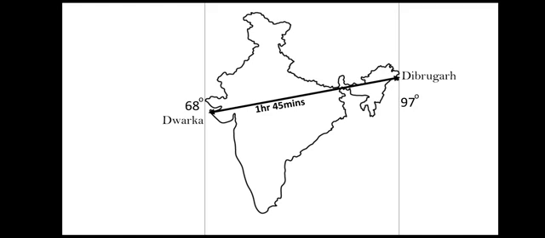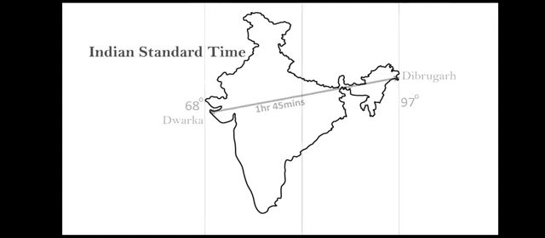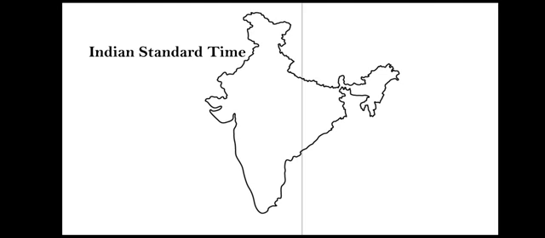Thus, it will be difficult to prepare a timetable for trains which cross several longitudes. It is necessary to adopt the local time of some central meridian of a country as the standard time for the whole country. It is known as the Indian Standard Time.